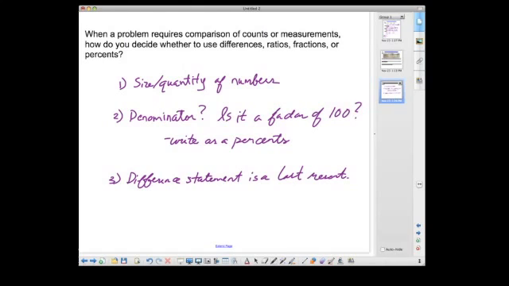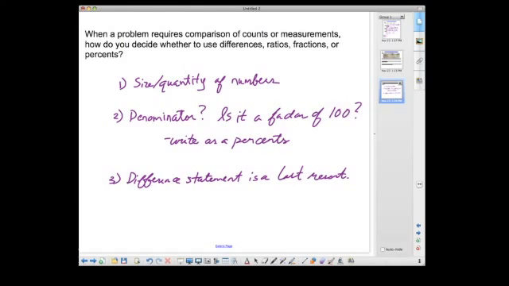For example, if you had a prime number in your ratio statement, if you had 27 compared to 11, those are still relatively small numbers, but one of them is prime, so it's never going to be nice and even. That's a situation where you could use a difference statement.